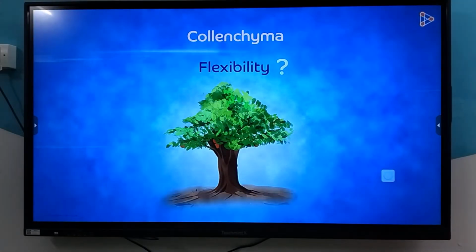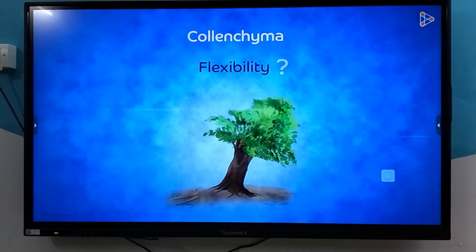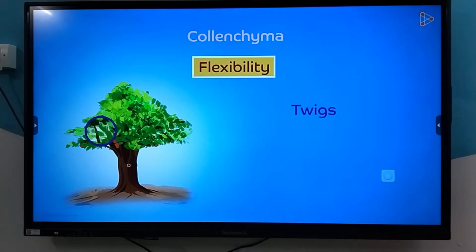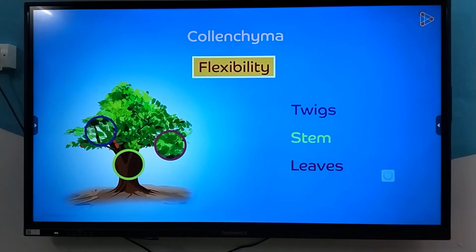And what about the scary storms of Mother Nature? Well, in order to deal with all the physical exertion, plants need flexibility along with strength, right? So this is given by the collenchyma, which allows bends and movements without breaks in various plant parts, like the little twigs, stems, leaves, etc.